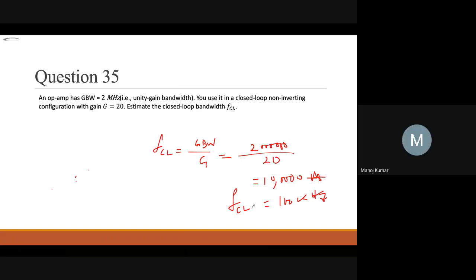Ma'am, in the exam, what pattern of questions will be asked? Choose and numerical, like what we are solving. This type of question, I think the assignment type of question. The first 10 to 12 questions I have taken from the previous assignment. Generally, we fill assignments in choose format.